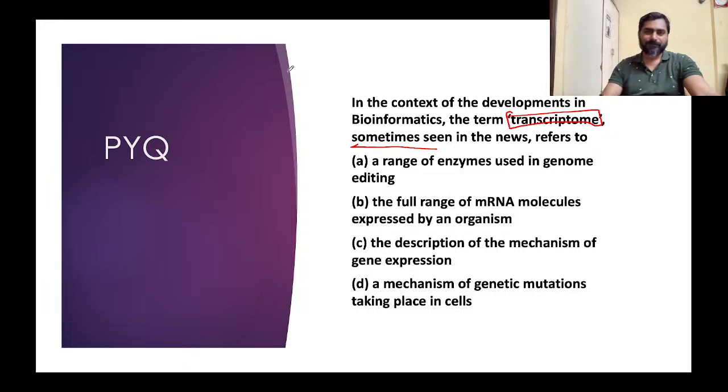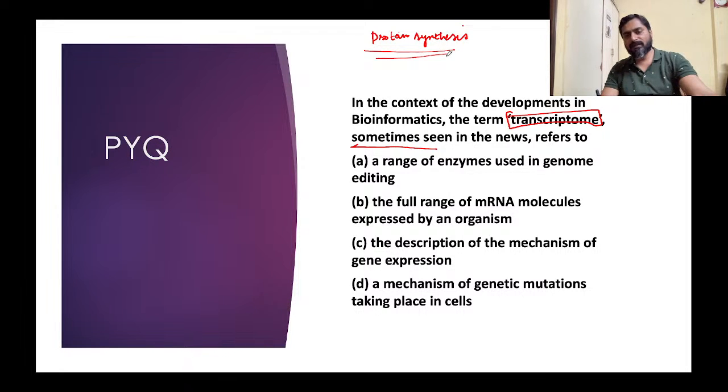Okay, so if you study protein synthesis, protein synthesis is quite important for us to understand. In protein synthesis, what is happening? Every cell of ours has the capacity to make proteins.